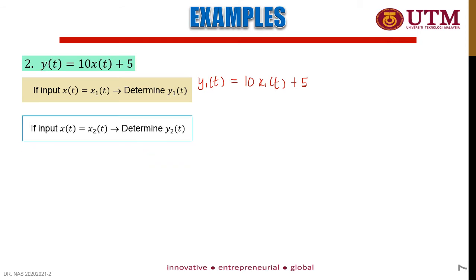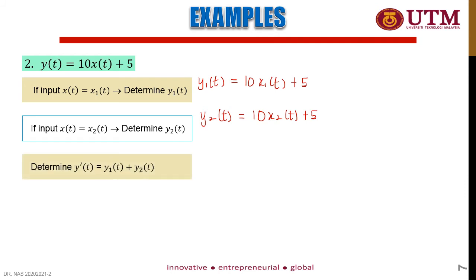Second step, for x2(t), you need to determine y2(t). So y2(t) equals 10x2(t) plus 5.